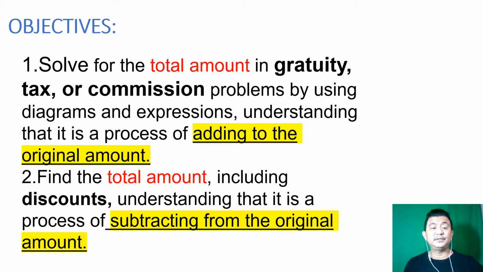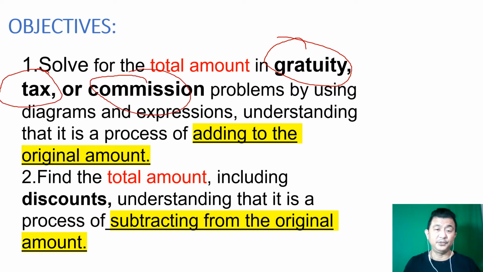So our objective for this lesson is to solve for the total amount. It will be applied in gratuity, in tax, and commission. These terms might be new for you, but don't worry, we will learn about them. By using diagrams and expressions, understand that it is a process of adding.